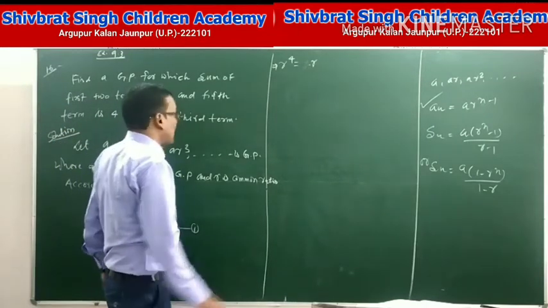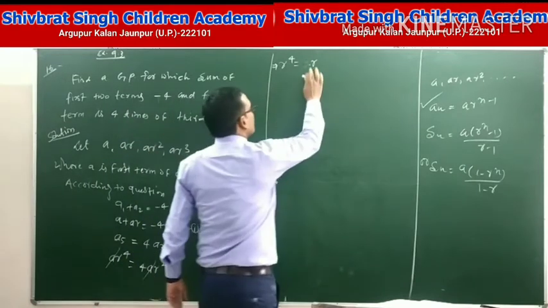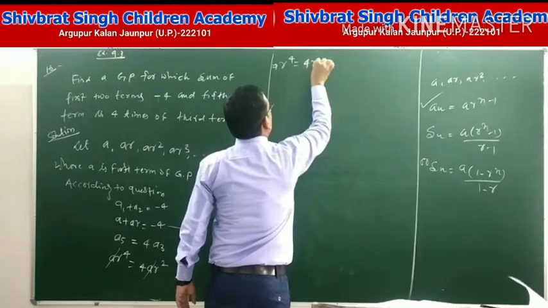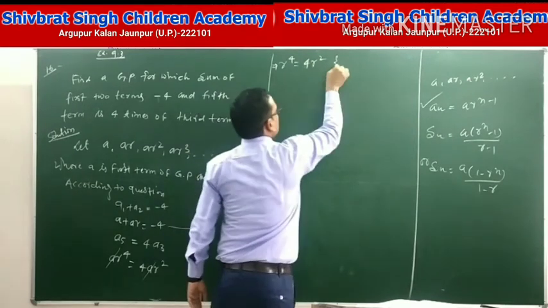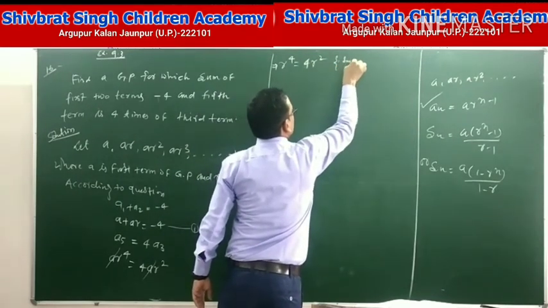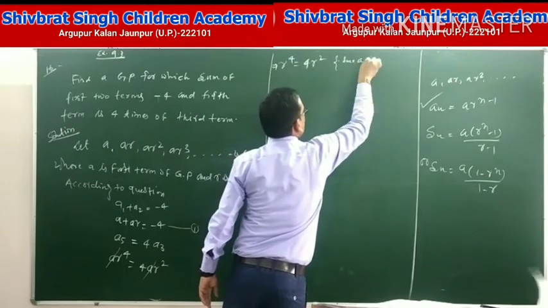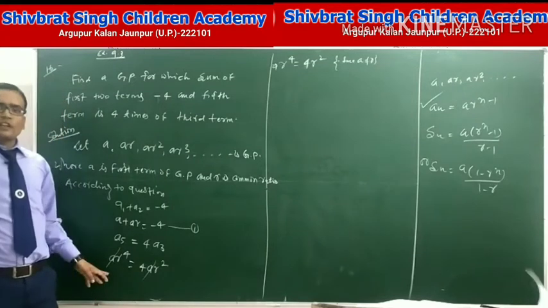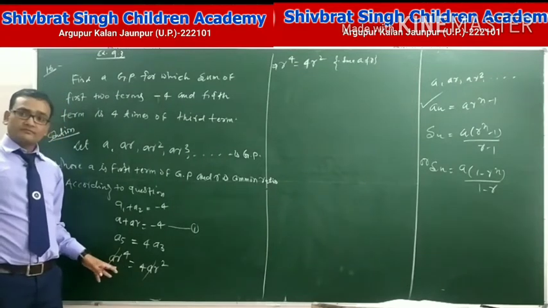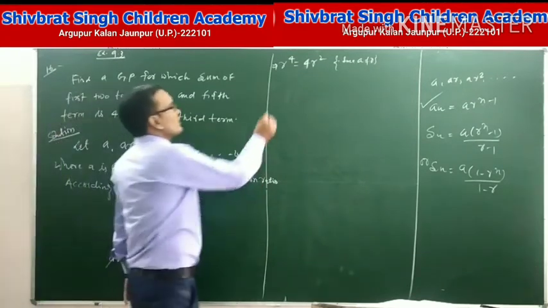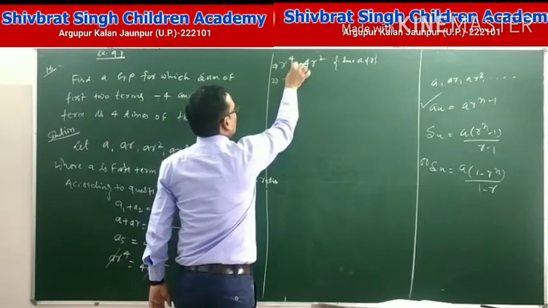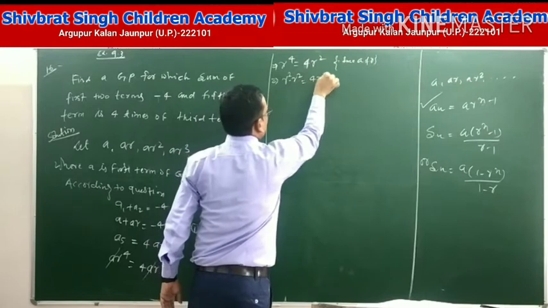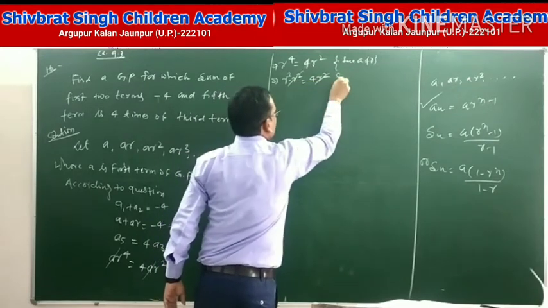Here r to the power 4 equal to 4r square, since a does not equal 0. If a equal to 0, then you cannot cancel both sides. Here r to the power 4 is written as r square into r square, equal to 4 r square, and r square is cancelled.